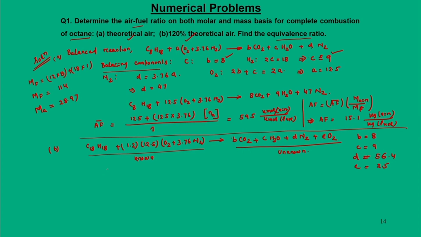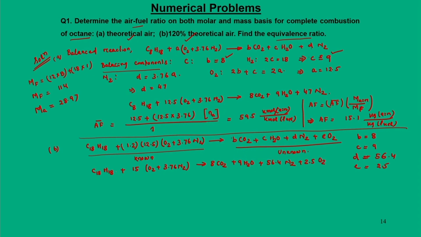Now, after putting this in, we rewrite the equation as C8H18 plus 15 times O2 plus 3.76 N2 gives 8 CO2 plus 9 H2O plus 56.4 N2 plus 2.5 O2.